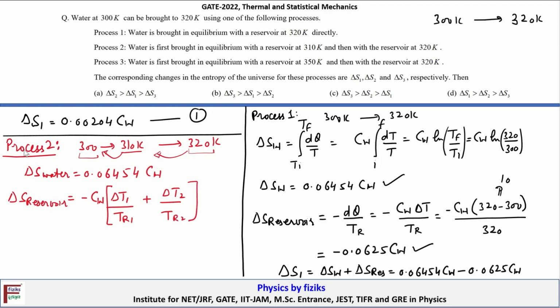This is further equal to minus Cw outside, because it's the heat capacity of the water, multiplied by delta T1. In principle, we are writing delta Q, the heat lost by the reservoir, which is equal to the heat gained by the water, so that's why we write Cw here. So 310 minus 300 is delta T when the water is placed in contact with reservoir 1, which is at a temperature of 310 Kelvin.